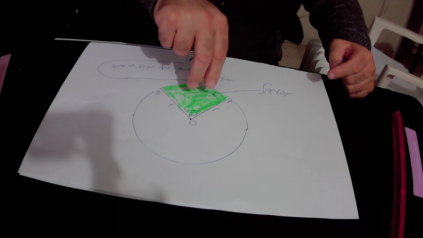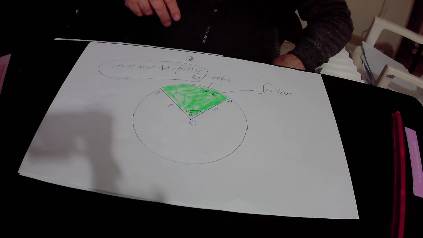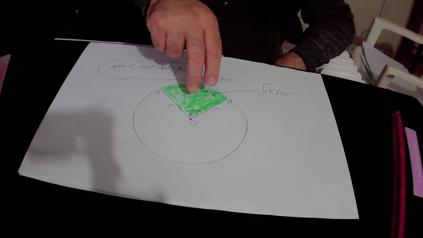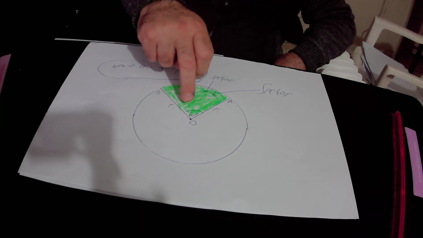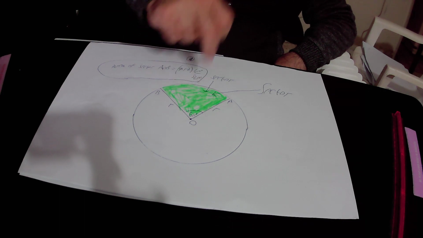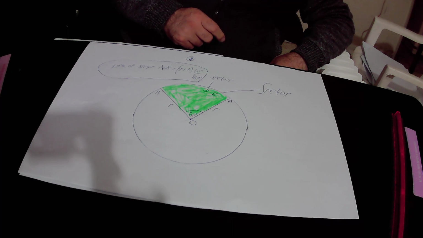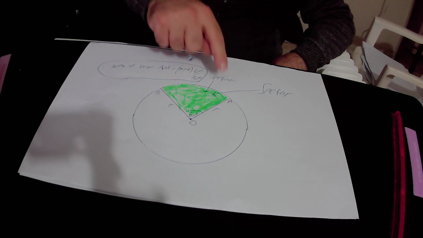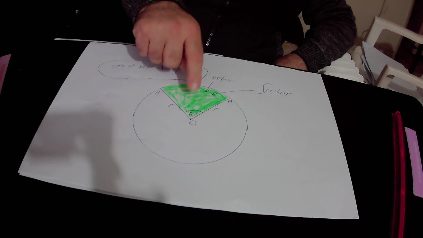The green shape is sector AOB, and the area of sector AOB equals pi r squared times 60 degrees over 360 degrees. Okay, the angle between the two radiuses could be any other angle.